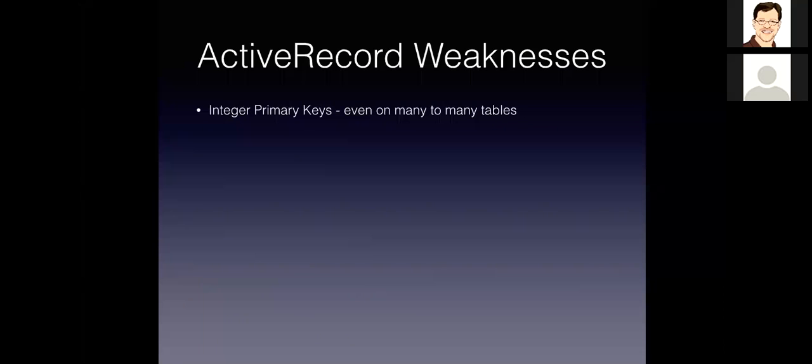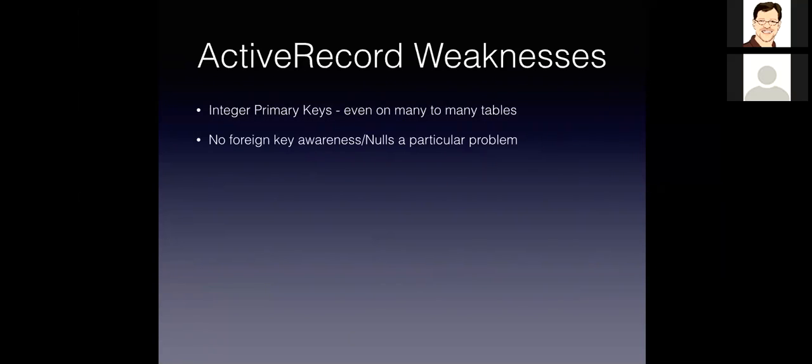So if you had a many-to-many table that had users and say accounts, you'd have a user ID column, an account ID column, and then some other column that had data in there. We still require that you have a primary key on that table that is integer auto increment. We just decided that too many things go wrong if we don't know exactly which record we're talking about, and this was the easiest way to do that.